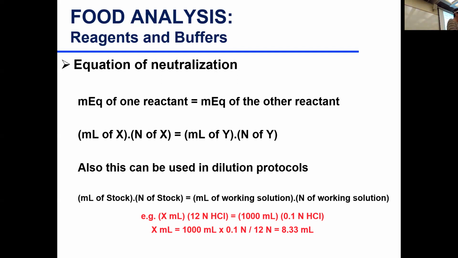So you always put a little bit of water first. You put in your 8.33 milliliters. The way you do it usually is you pipette. You can use a mechanical pipette. We do 1 milliliter, or we have a 5 milliliter pipette. You do 5 and then 3 ones, and then you dial down to 330 microliters, and you add that, and then you mix a little bit, and then you make up to the volume, the mark on your volumetric flask. So there, then you have your 0.1 normal HCl. Great.